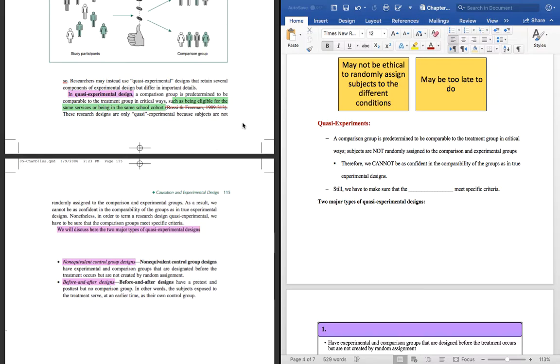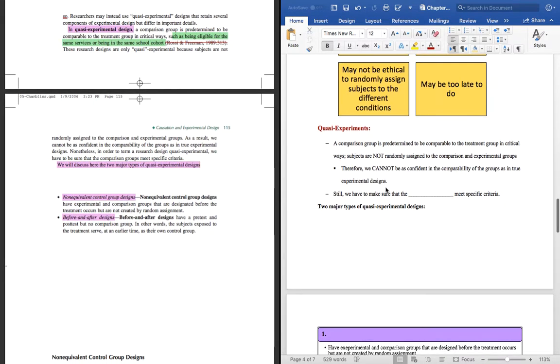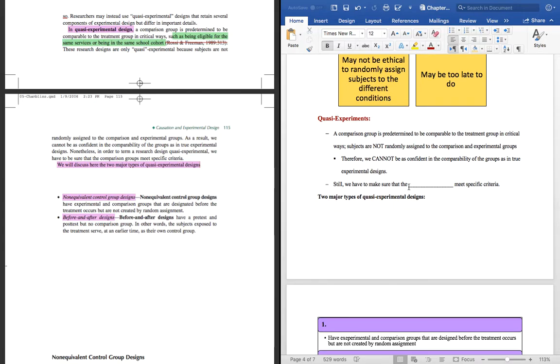And I select the students who have never studied in the library, who have never received the treatment per se. And then I assign that group as my control group. So although the control group is being assigned later, we still need to make sure that our control group meets the specific criteria to be comparable to the experiment group.